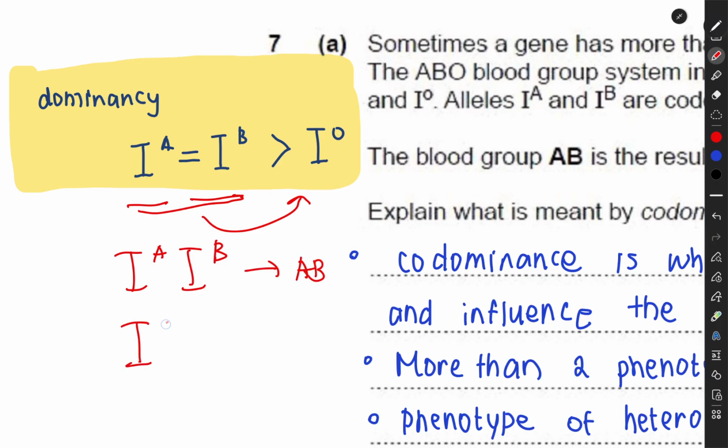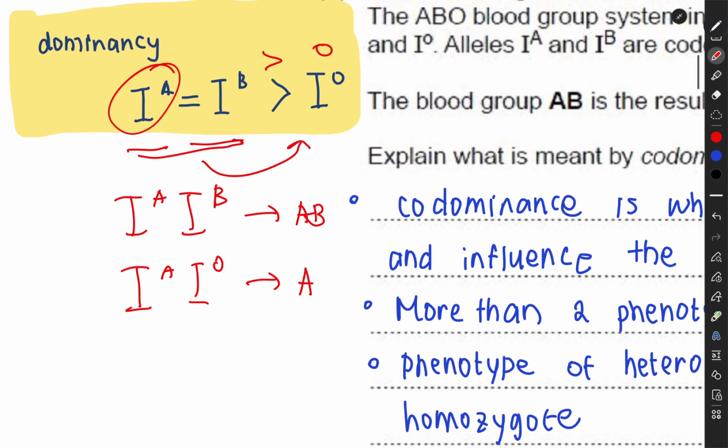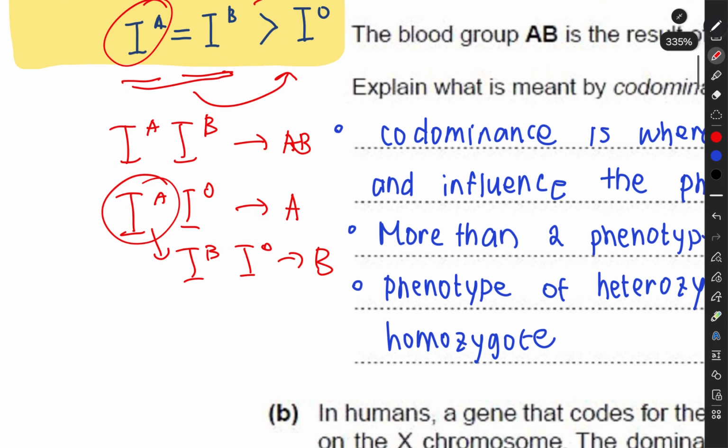If you have IA IO, which means A is more dominant than O, you will have A. It is the same for IB IO, which results in B. Meanwhile, if you want blood group O, you need to have both IO genes.